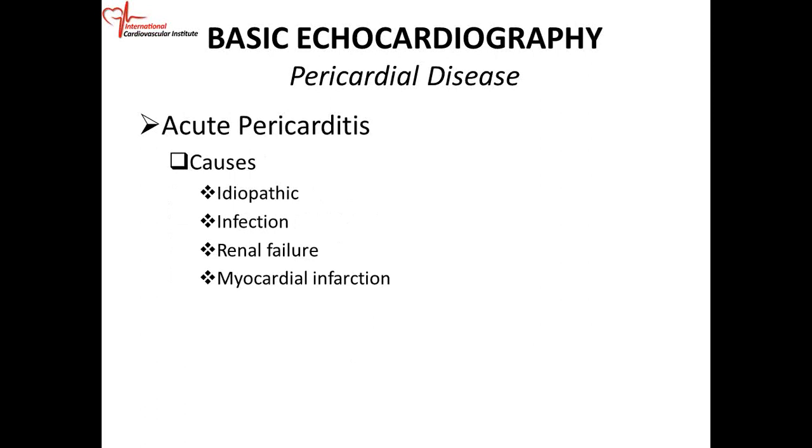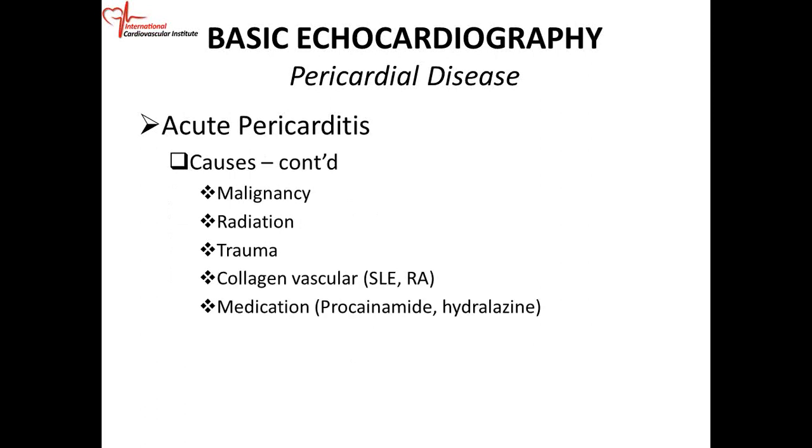It's very important in that setting to make sure it's not an extension of the heart attack, so you don't start treating the patient for an extension of the heart attack, because the treatment for pericarditis is completely different.